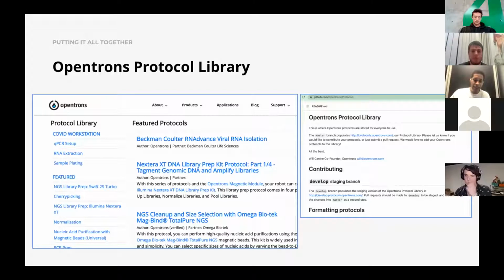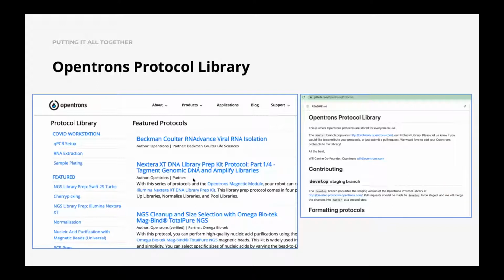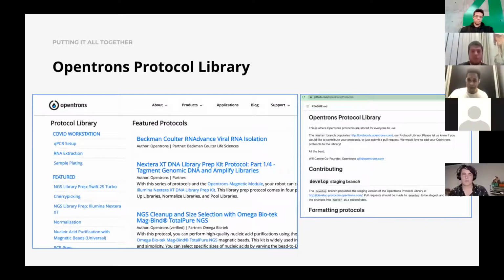And then we have an even easier and more straightforward version of this called the protocol library, which is at protocols.opentrons.com, and is actually just fed directly from our GitHub repository. So this is a more user-friendly face of the GitHub repository that isn't as tricky to navigate as a GitHub repository, but still allows users to find protocols and actually modify those protocols pretty easily with drop-down parameters.